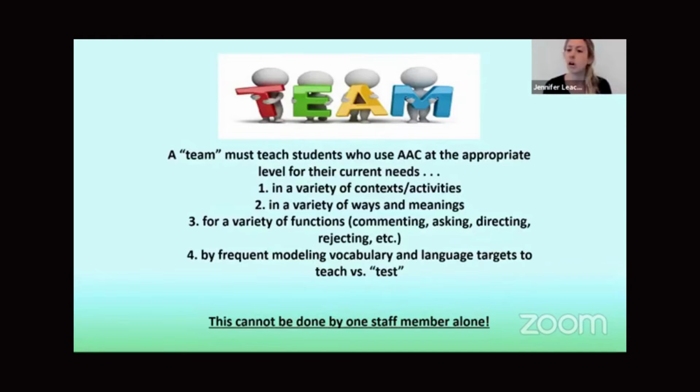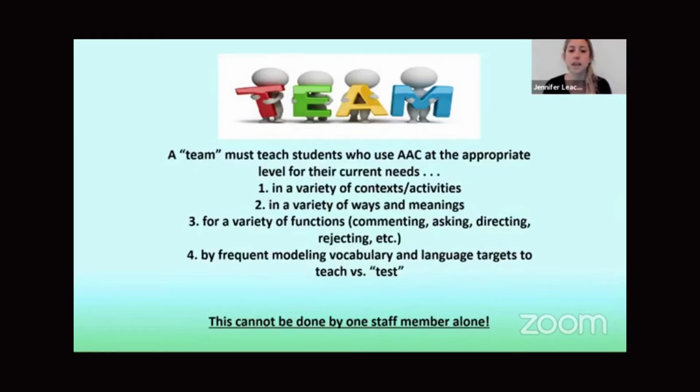So like I said, we all need to be modeling. It's not just the speech pathologist. We have to do the teachers, the physical therapist, the occupational therapist, the parents. So for a variety of functions, so for commenting, asking questions, rejecting, describing, for social functions, in a variety of ways and in a variety of contexts.